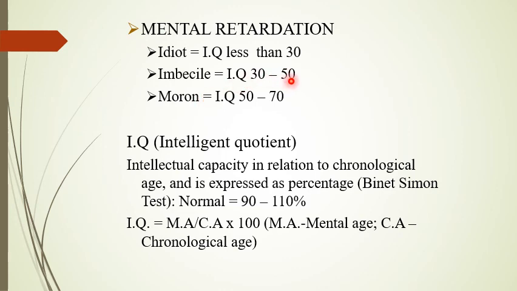If the IQ is below 50 and ranging to 30, he can be called an imbecile, or moderate mental retardation. And in case of idiot, the IQ is less than 30. In some textbooks it has been given as less than 20. This is a severe mental retardation.